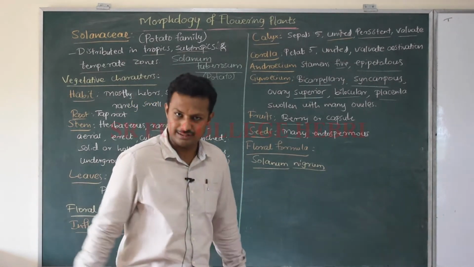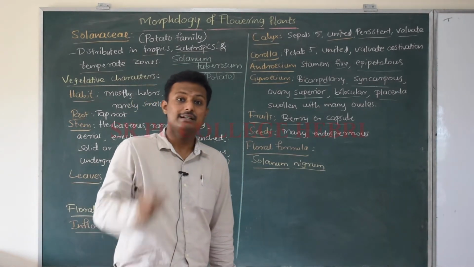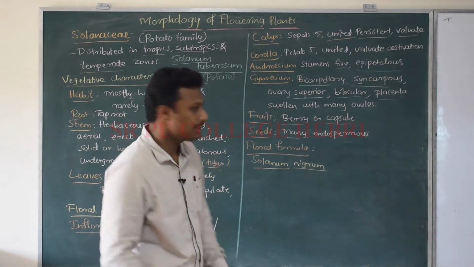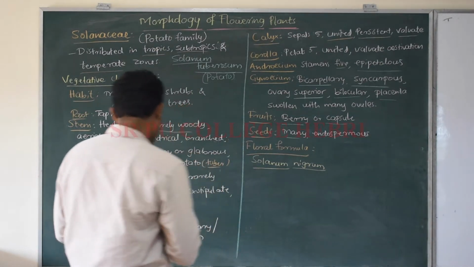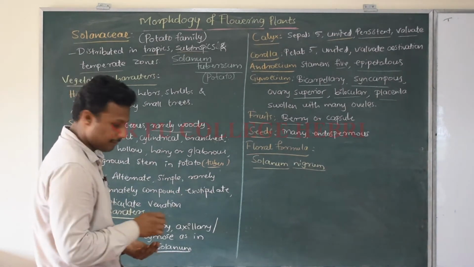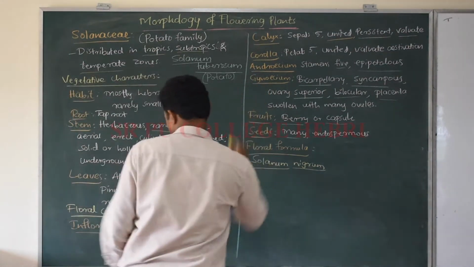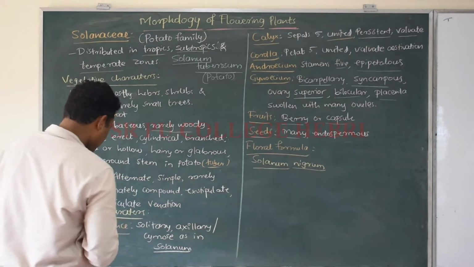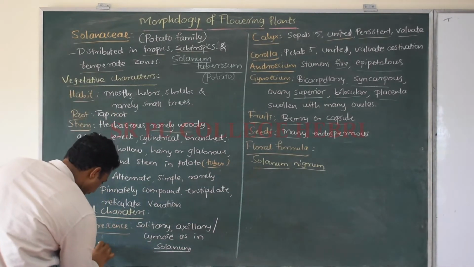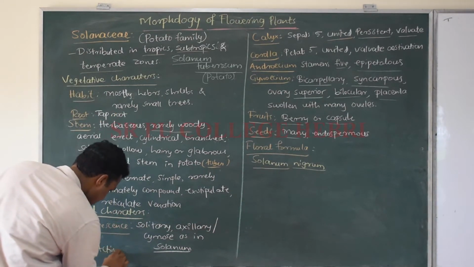The next characteristic that we have to worry about here is the symmetry of the flower. The flower is actinomorphic. Here they have not written it, but let us consider actinomorphic flowers.